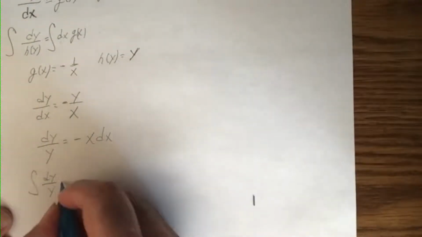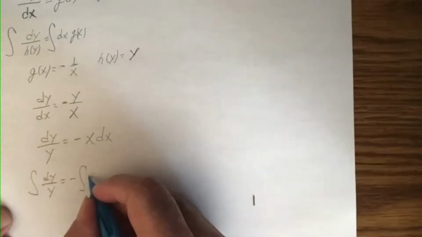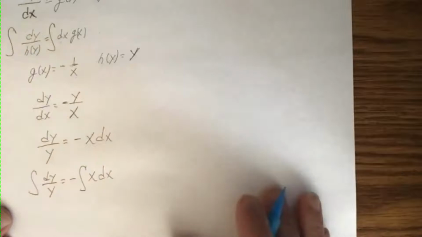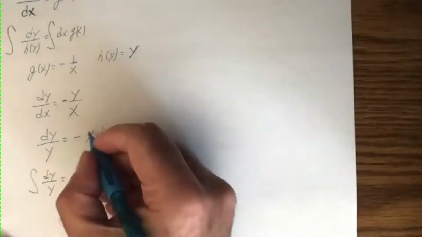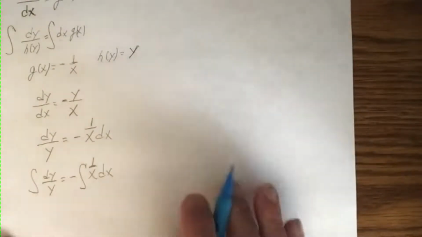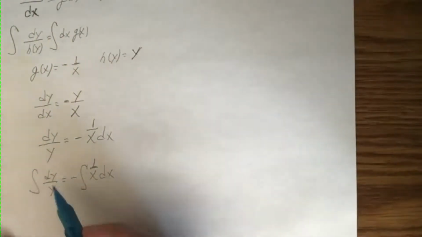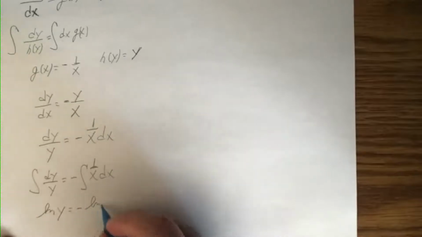Many times doing separable differential equations requires us to go back to calculus 2 when we do integration. So now I integrate both sides. It's 1 over x. We all know that the integral of 1 over y is the natural log of y, and this is going to be minus the natural log of x.